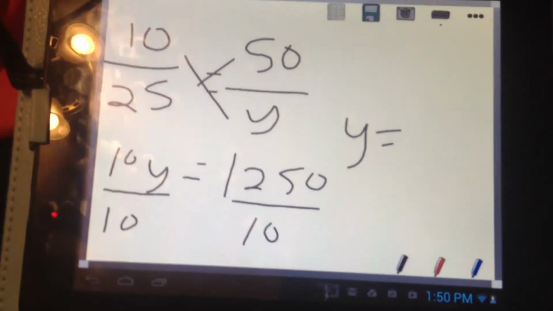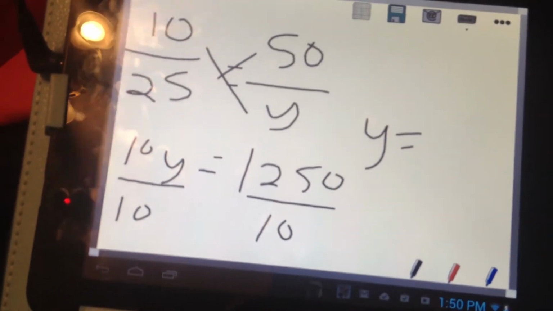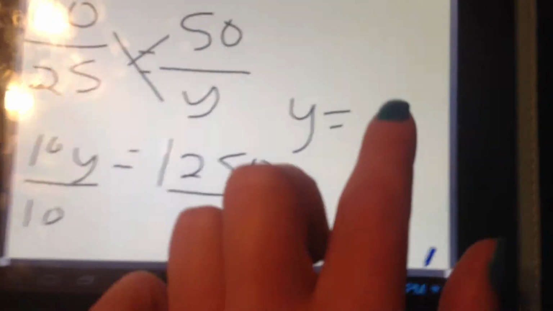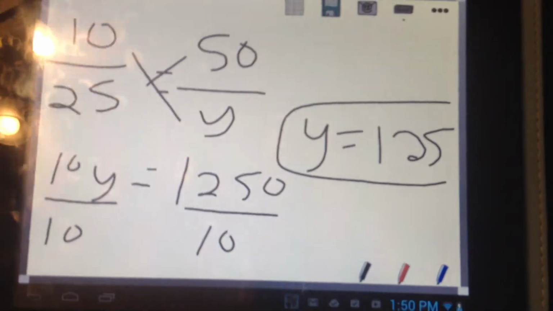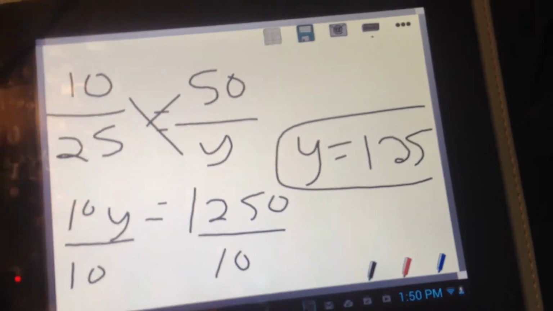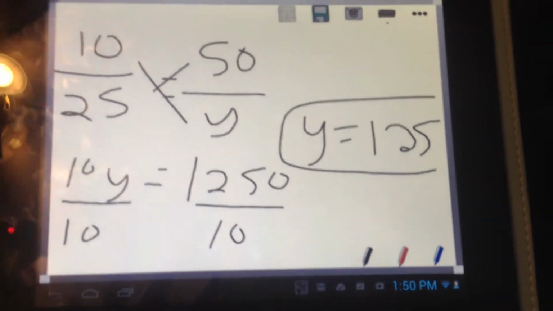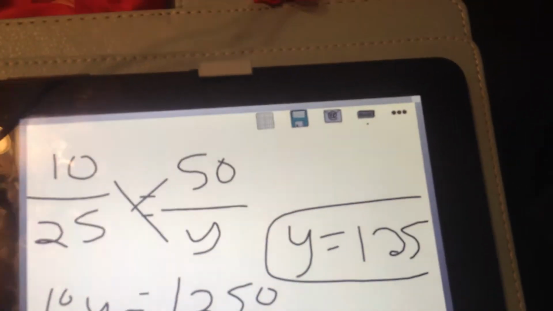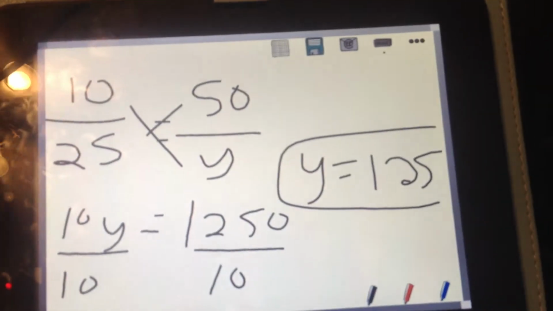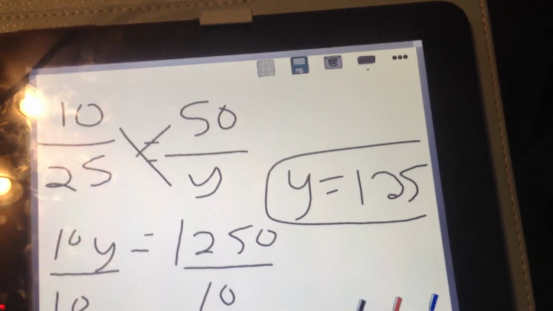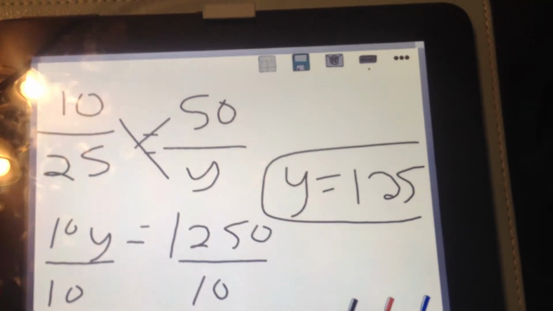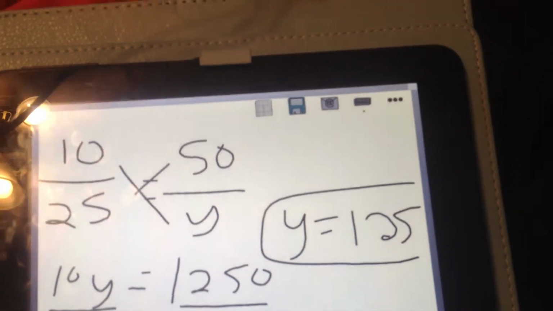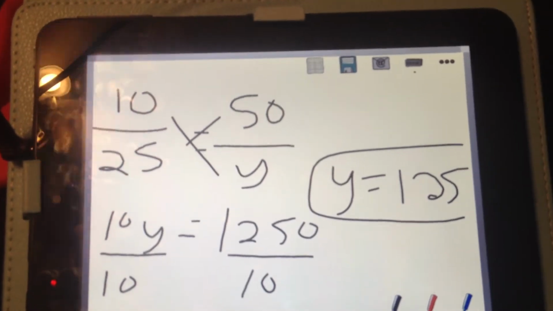Our answer is 125. For word problems, it's not enough just to box the answer or write y equals. We need to know that y equals how much food the dog would eat. Cups of food is the unit, so y would equal 125 cups of food in 50 days.